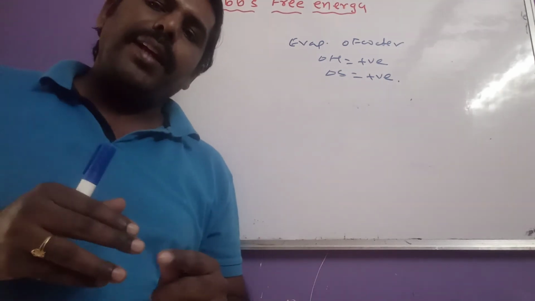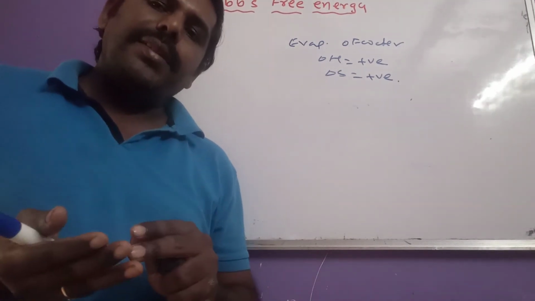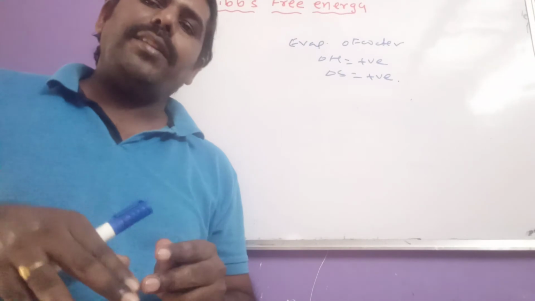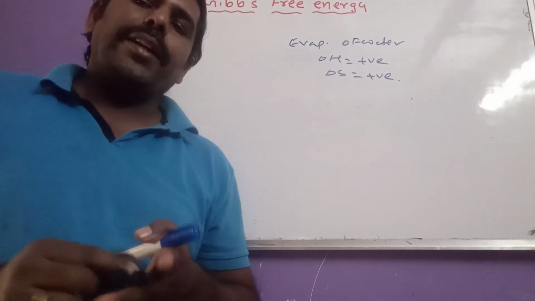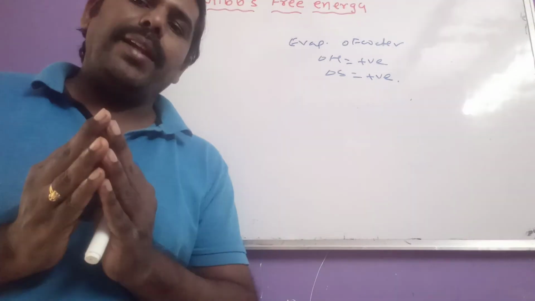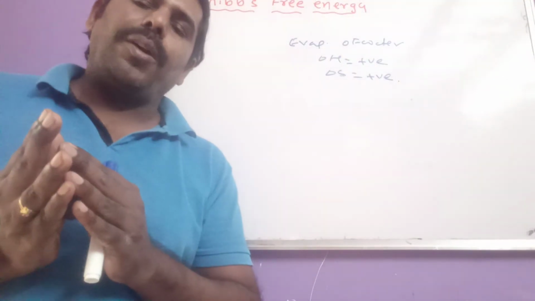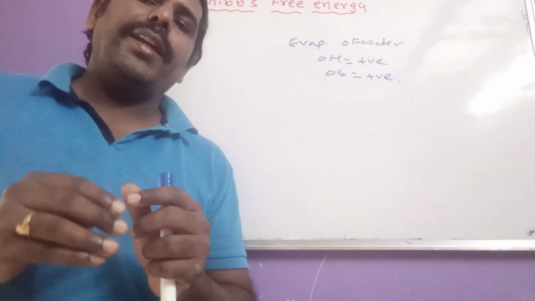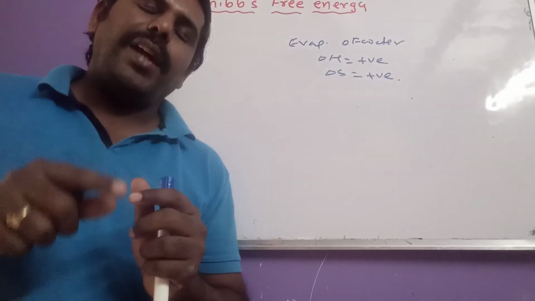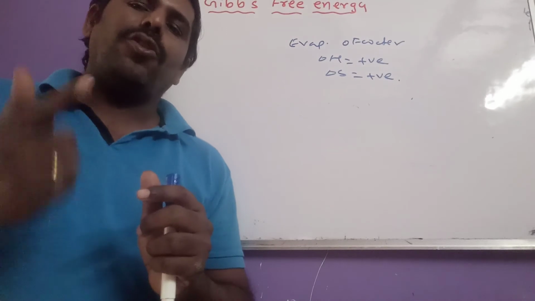In other reactions, delta S is negative but the reaction is spontaneous because delta H is negative. That means to determine exactly whether the process is spontaneous or not, we need the combination of both enthalpy change and entropy change.